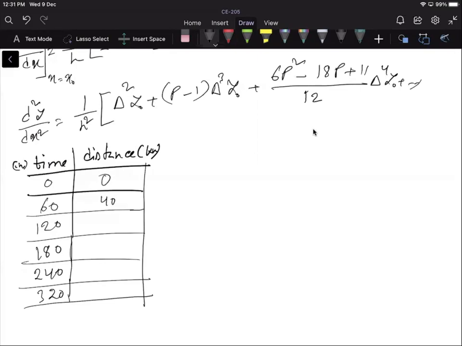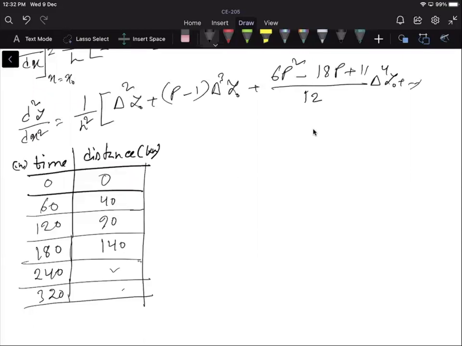Then next, when the time is 120, it's at suppose 90 kilometers. Then again it may come to 140, then distance. With the time it passes the distance and so on for other data.